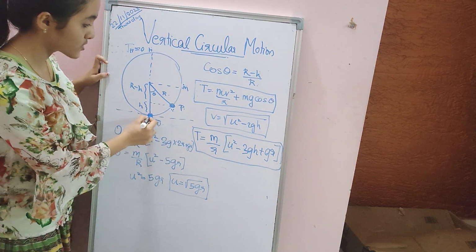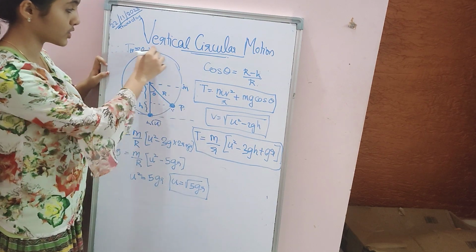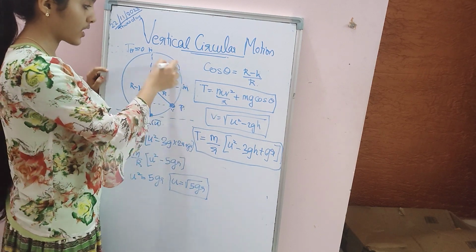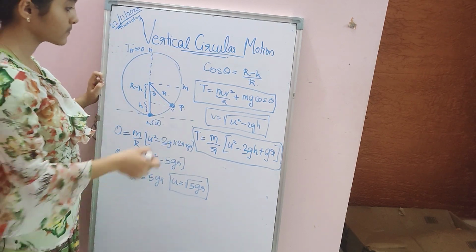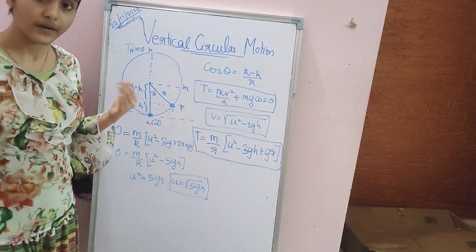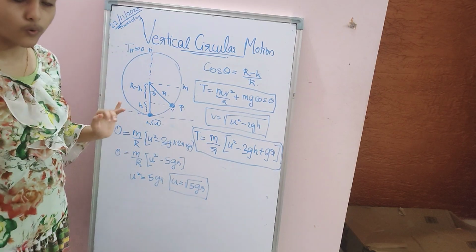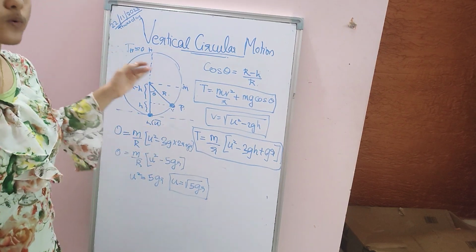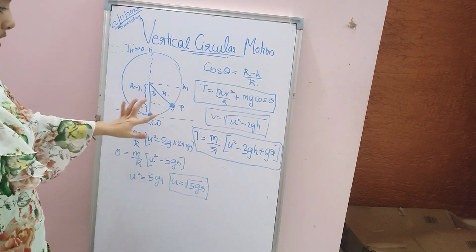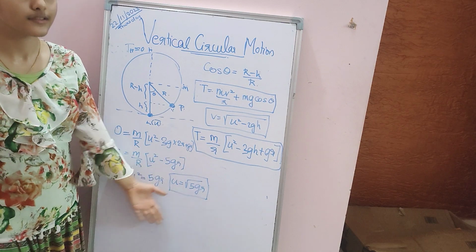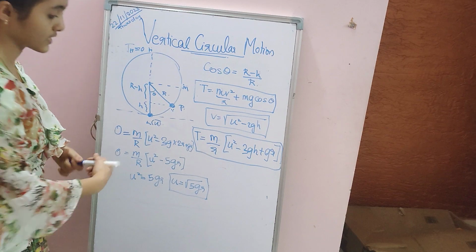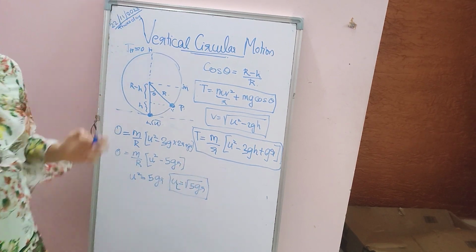It will either stop somewhere between L and H, or it may undergo a projectile motion, or it may oscillate like a pendulum, but it will never complete the whole circle. If the body wants to complete the whole circle, it should be given an initial velocity at the lowest point that is greater than or equal to root 5gr.